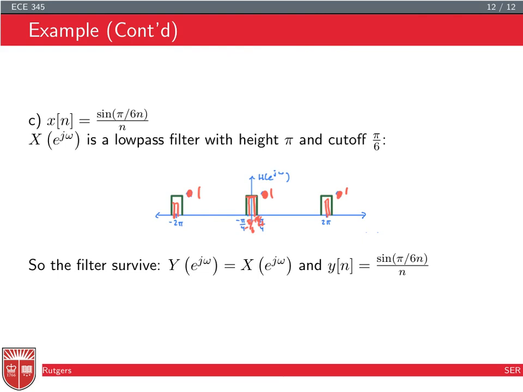So the frequencies in x of n are all going to be outputted by the LTI system or the filter, and they're not going to be modulated, meaning their amplitude is going to be the same. So the signal is going to go through the LTI low pass filter with no changes. This is why the output y of n is sine of pi by 6 n divided by n.